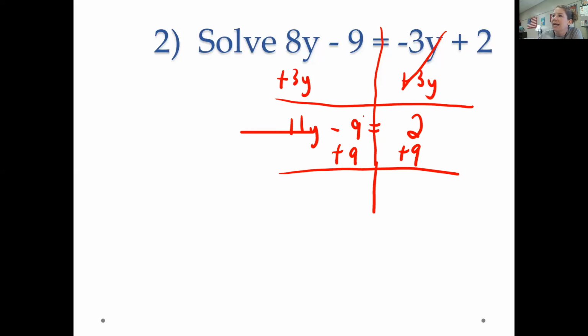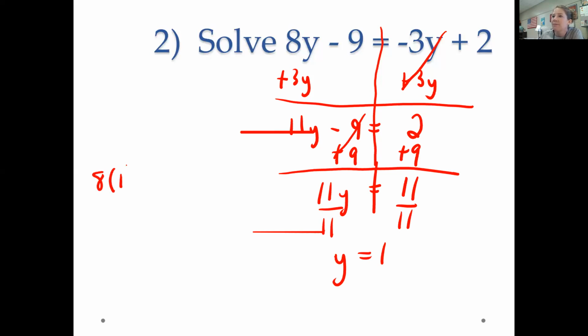And then my negative 9 plus 9 is 0. So 11y is equal to 9 plus 2 is 11. Now how do you get rid of times 11? I'm going to divide both sides by 11, so y is equal to 1. And then finally, I'm going to plug in 1 for y to check my answer.